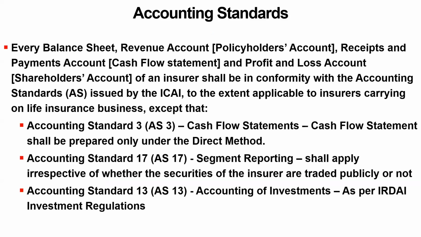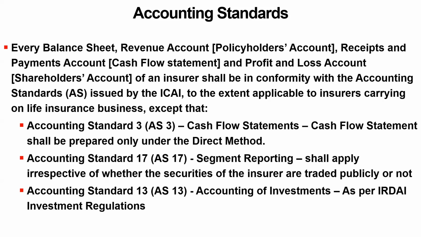Every balance sheet, revenue account, policyholders' account, meaning the revenue account is the policyholders' account, and the P&L account is the shareholders' account. So every balance sheet, revenue account, receipt and payment account, which, as I told you, is the cash flow, and profit and loss account of an insurer shall be in conformity with the accounting standards issued by ICAI to the extent applicable to insurers carrying on life insurance business.